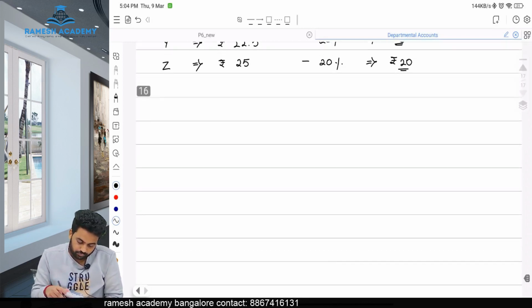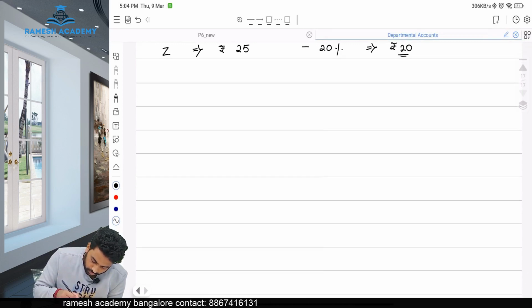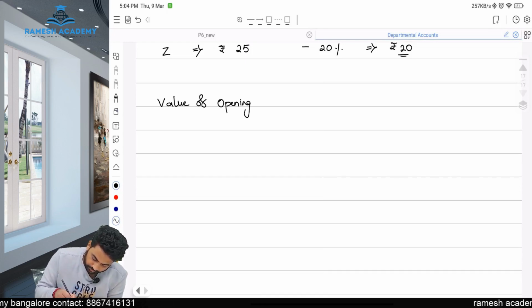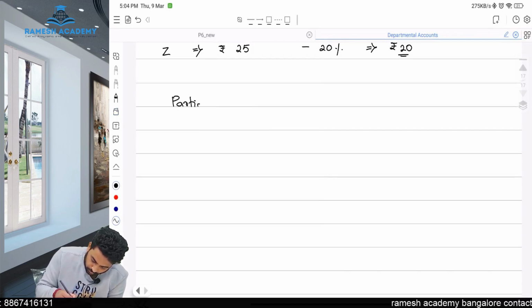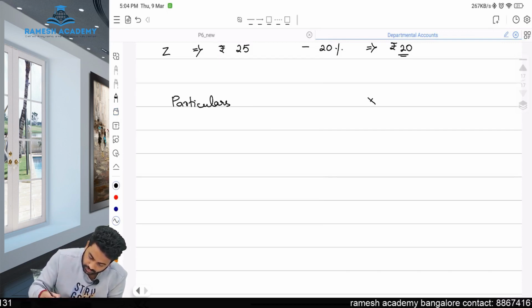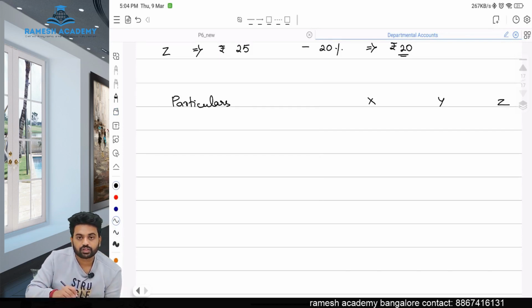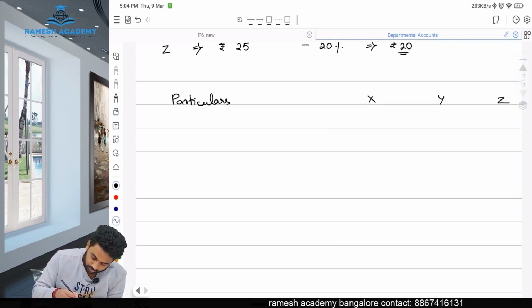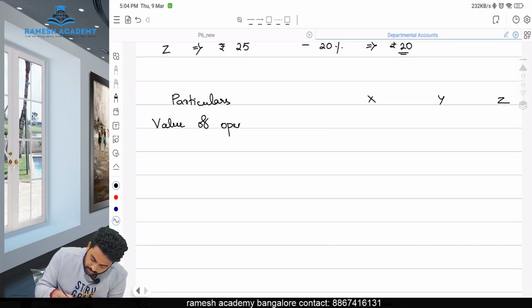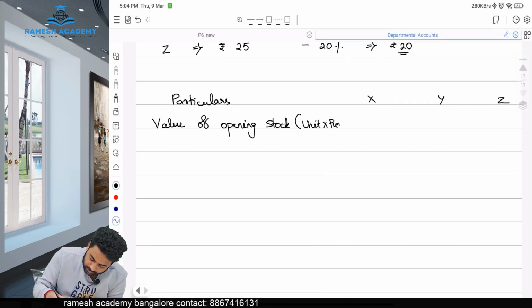Now, value of opening stock. Wait, let me write particulars. X, Y and Z. Value of opening stock is units into purchase price.